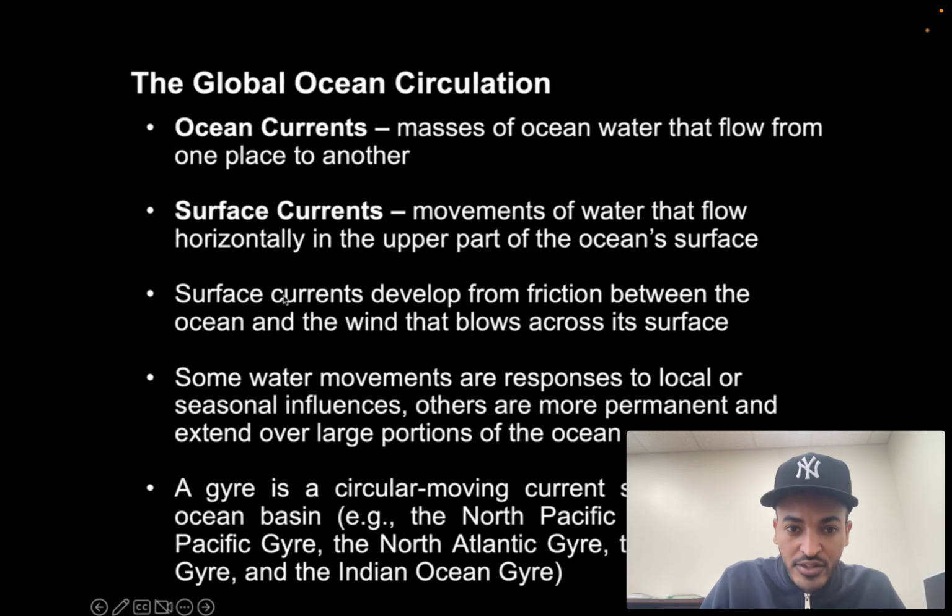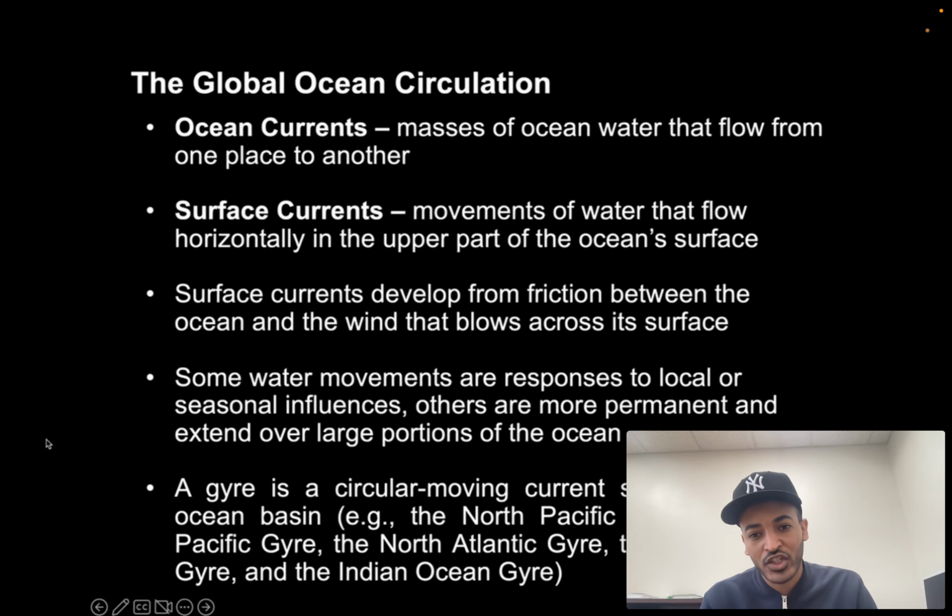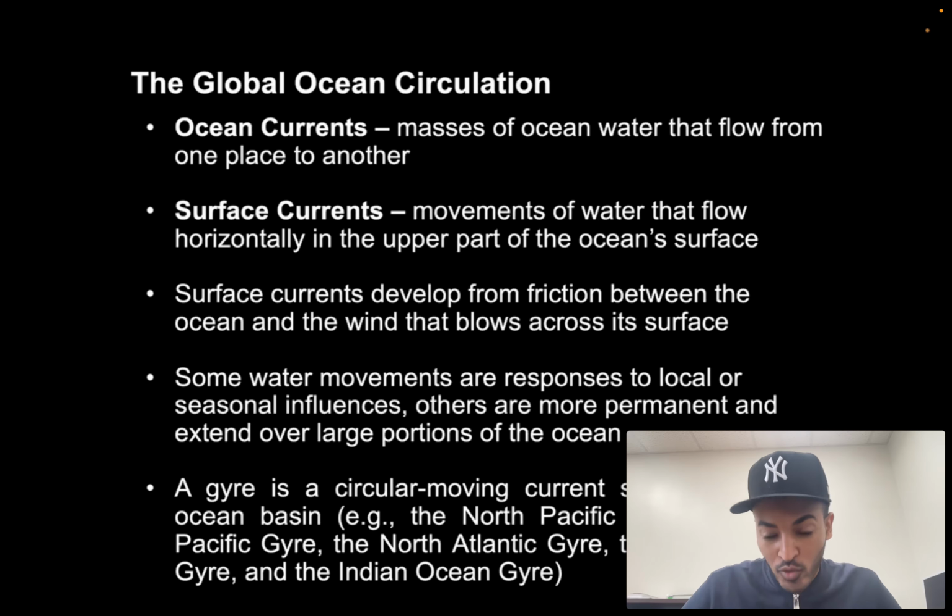So we'll talk about surface currents, how they drive upwelling zones, as I'll explain in the next slides, and what controls the movement of different water masses, particularly in the deeper ocean.